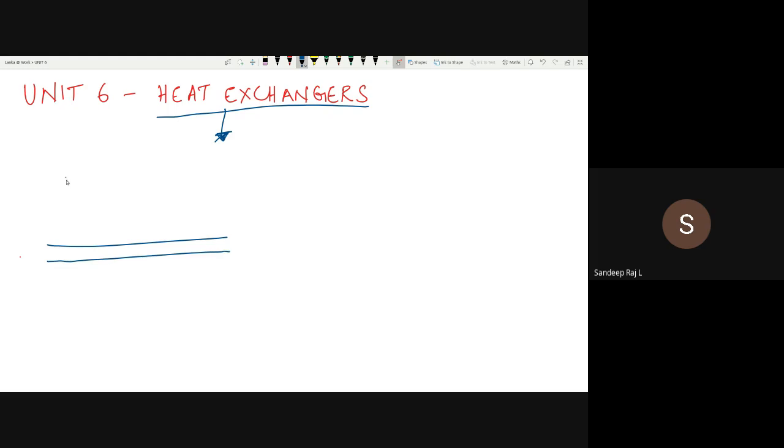First one is a parallel flow heat exchanger. I'm drawing it here, as you can see. The fluid is entering here in a tube-in-tube kind of concentric tube heat exchanger.